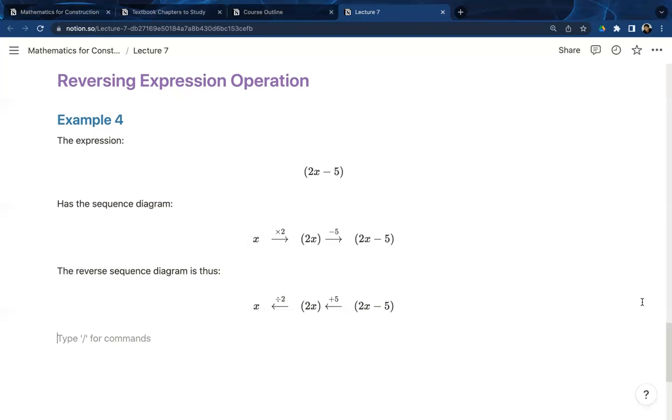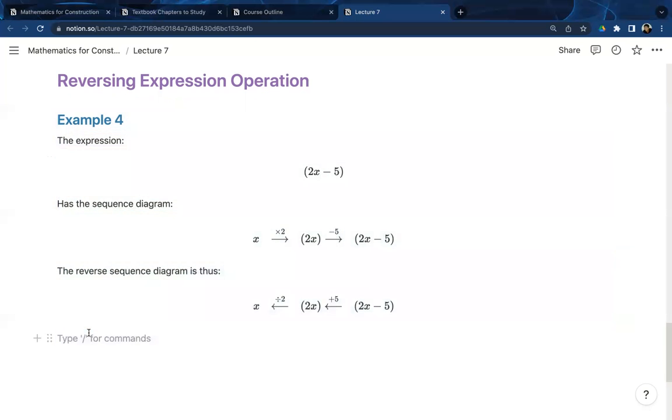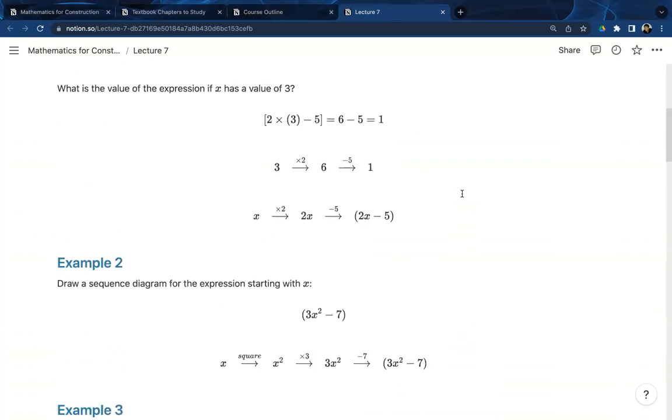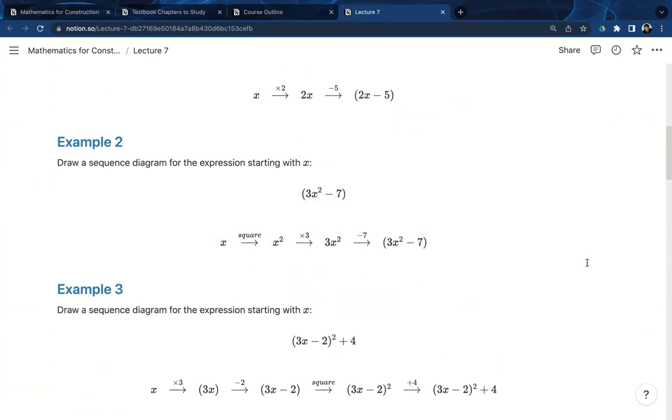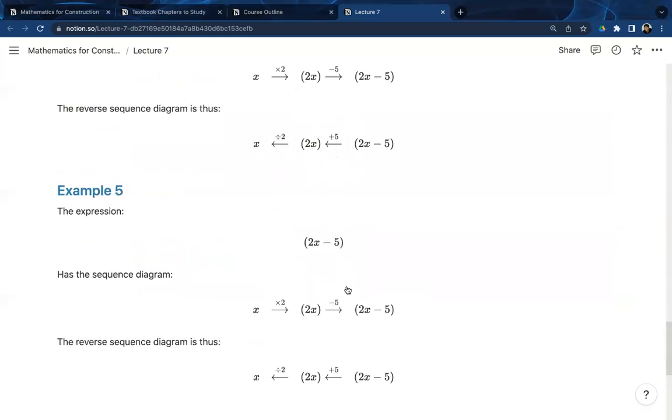So if you have an expression, we should be able to find a reverse sequence diagram, okay? So let's do it for the question we had above, example 5. We'll do it for this one here.